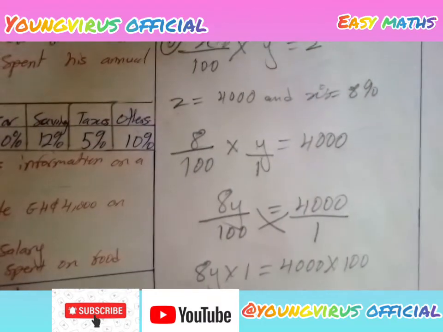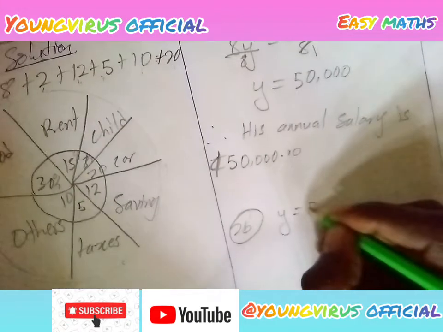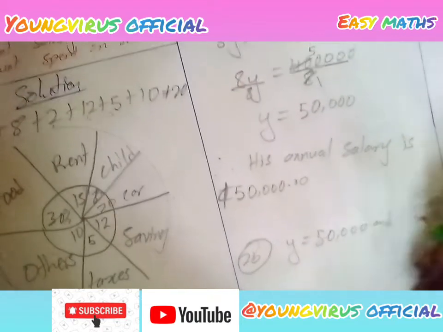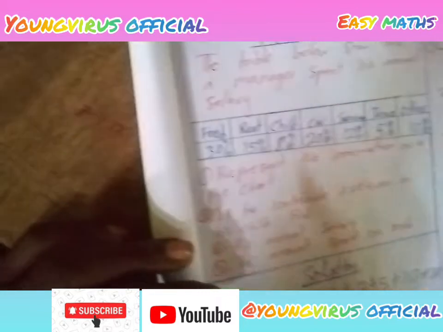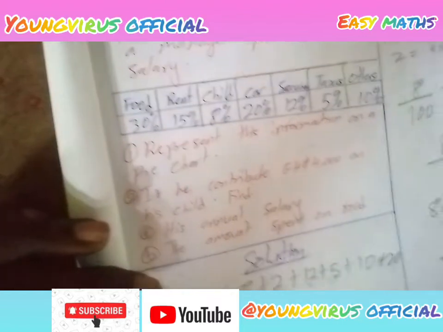Bringing the same question here, now we know our y to be 50,000. And our x% is now being given here for the food, which is 30%.